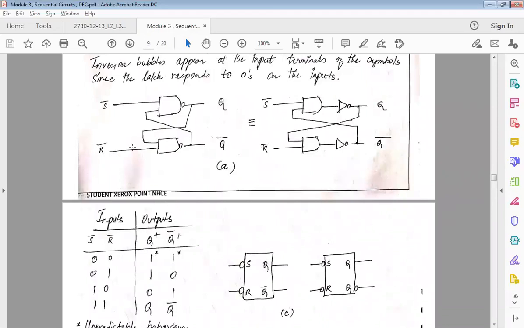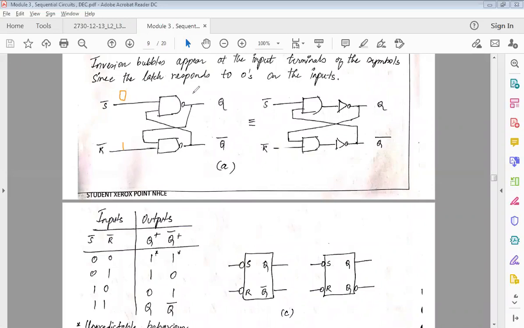Let's say our S bar is equal to 0. Or should we take the other case, 0 and 1? We'll take 0 as S bar and R bar is 1. So anything that gets multiplied here is going to be 0.